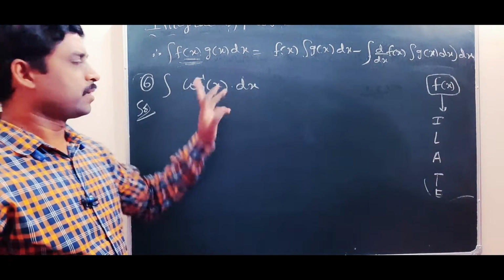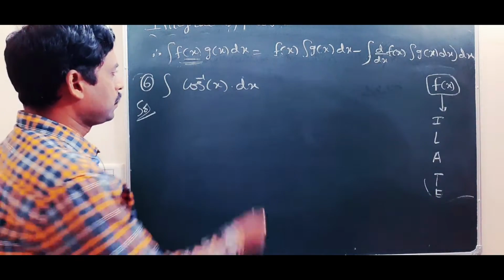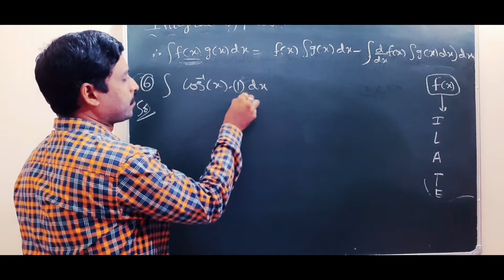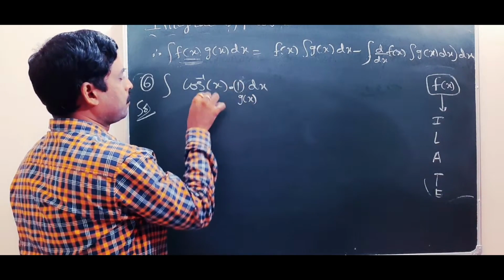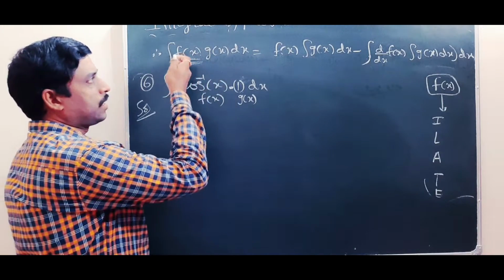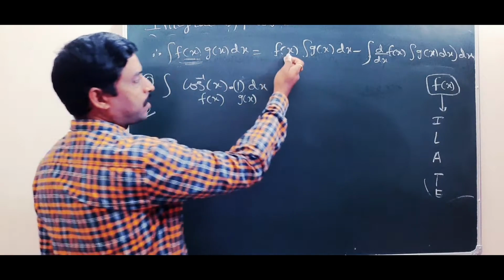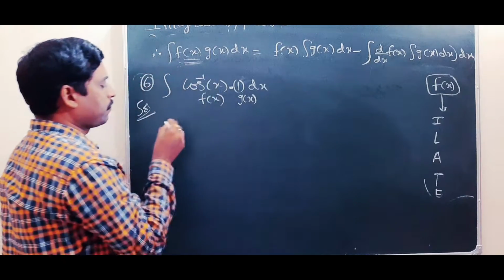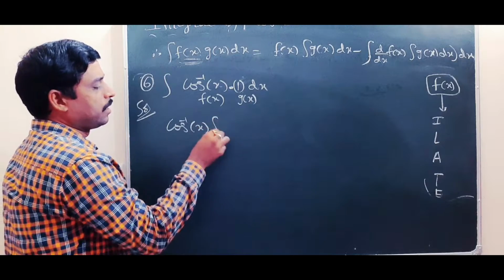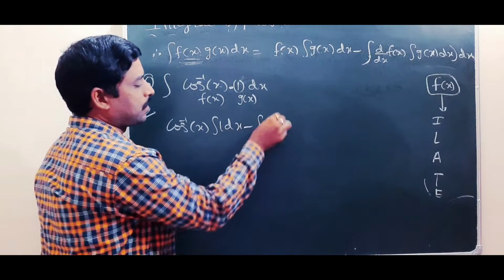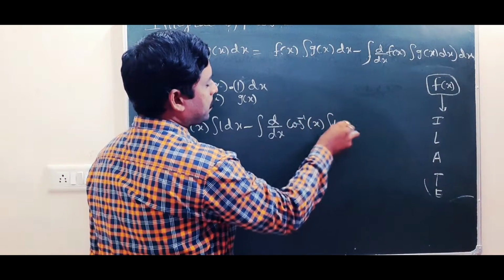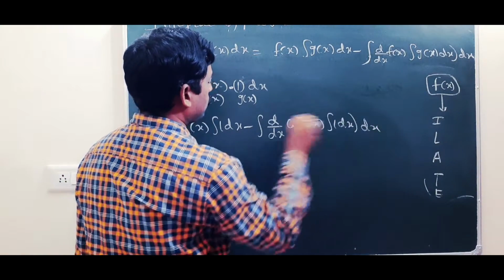So integral cos inverse x dx. Okay. So let us take 1 as g of x, where f of x is cos inverse x. So what is the formula? Integral f of x g of x dx equal to first function into integration of second function, where a first function place in we should write cos inverse x into integral 1 dx minus differentiation of first function into integration of second function whole dx.